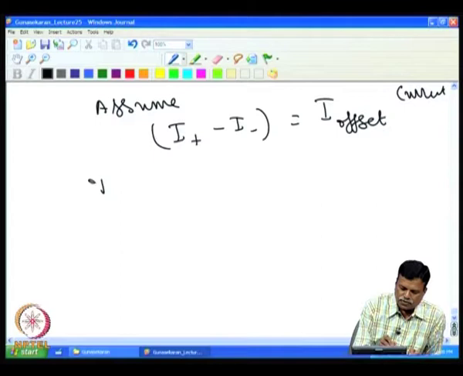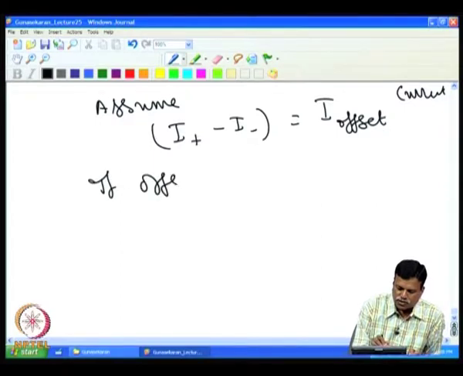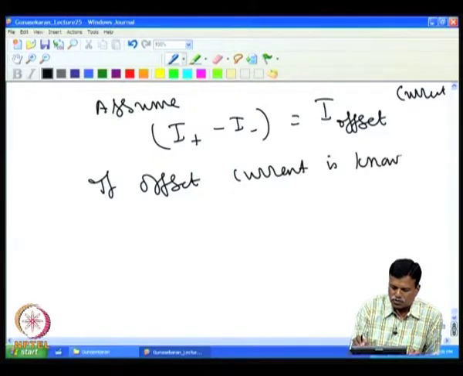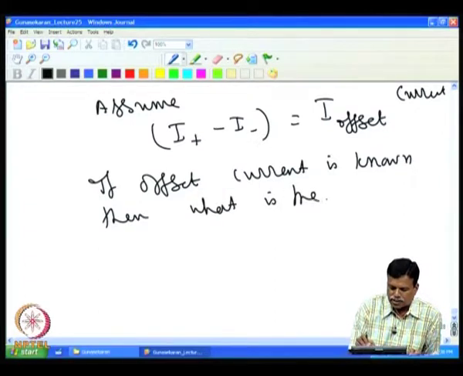If the offset current is known, then what is the error? That is the question.